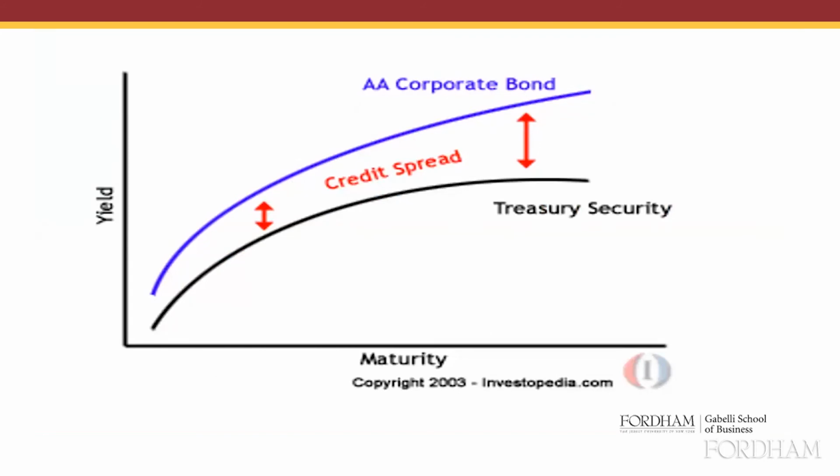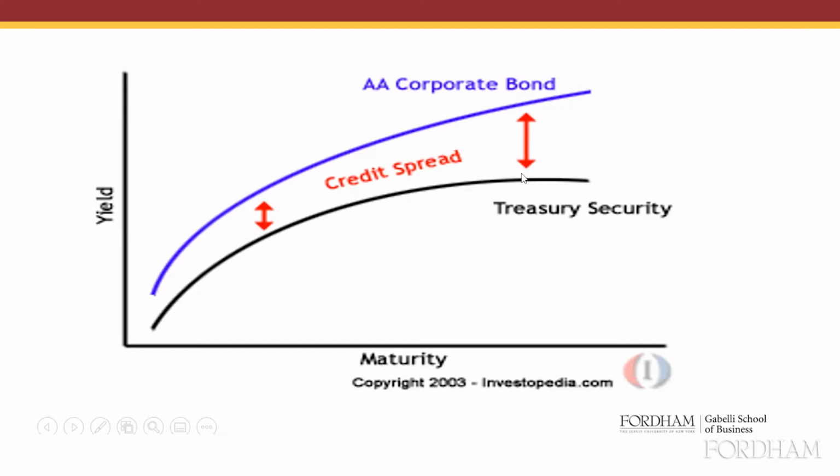Now let's look at the corporate bond spread. We have our treasury spread here. And on top of the treasury security yield curve, we have the double A corporate bond, and we can have the single B and triple C, right, and so on. The difference is the credit spread. Why?